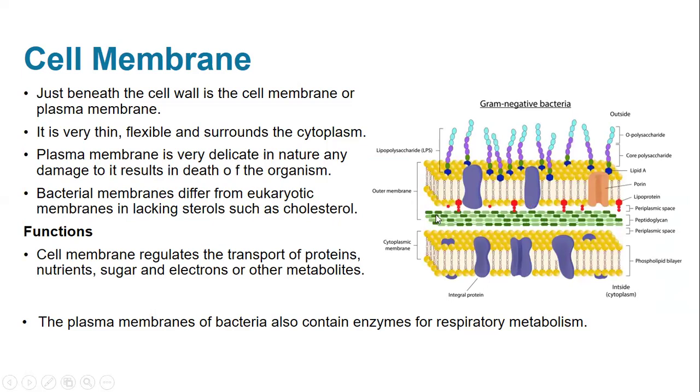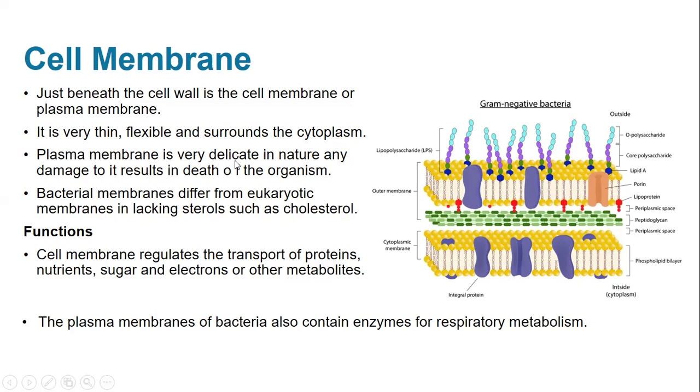Then the cell membrane. Just beneath the cell wall is the cell membrane or the plasma membrane, just like that of other eukaryotic cells, but the chemical composition of the cell membrane of bacteria or prokaryotes is different. It is very thin, flexible, and surrounds the cytoplasm.